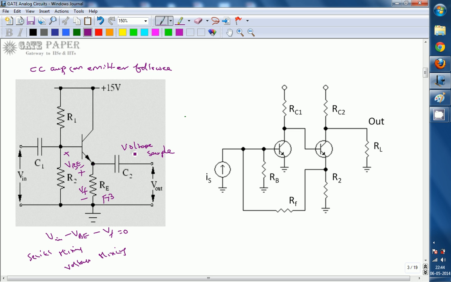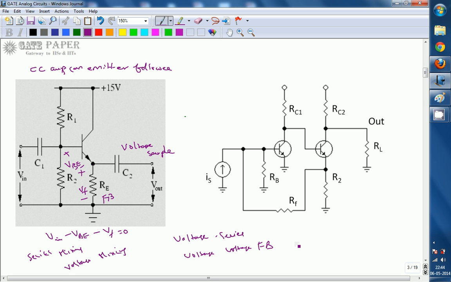So the type of feedback is nothing but voltage series, or voltage feedback. So common collector as well as common drain are examples of voltage series feedback.